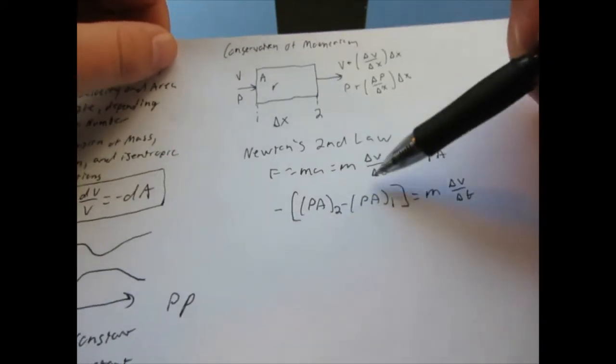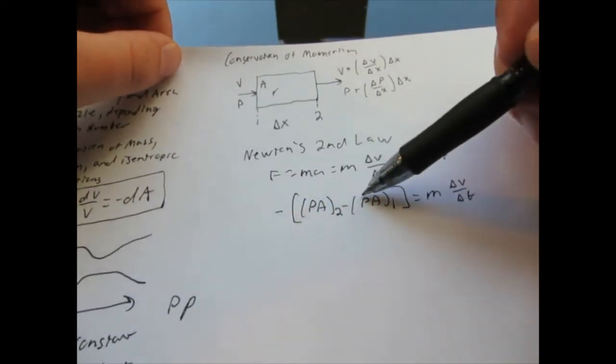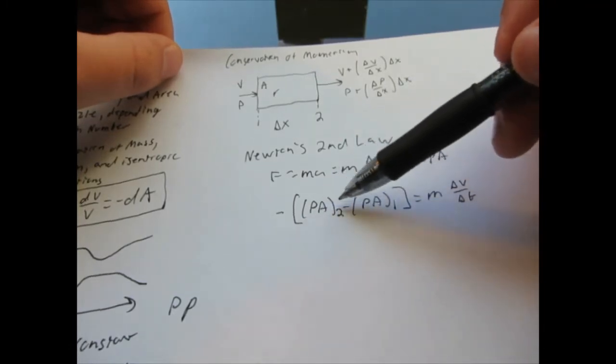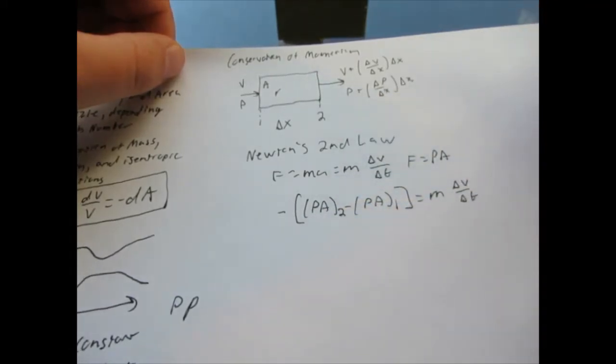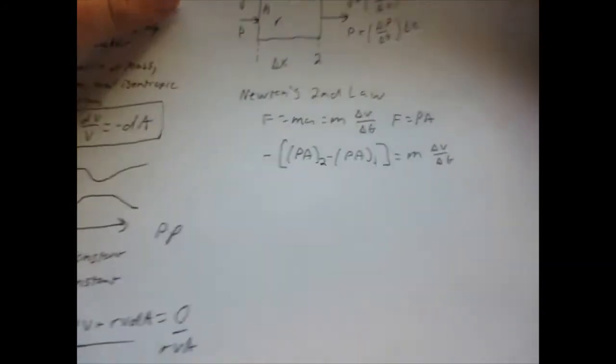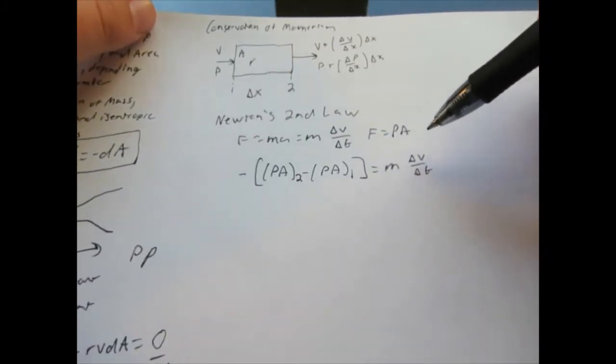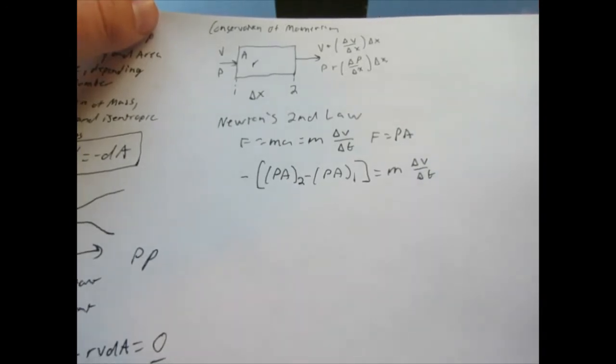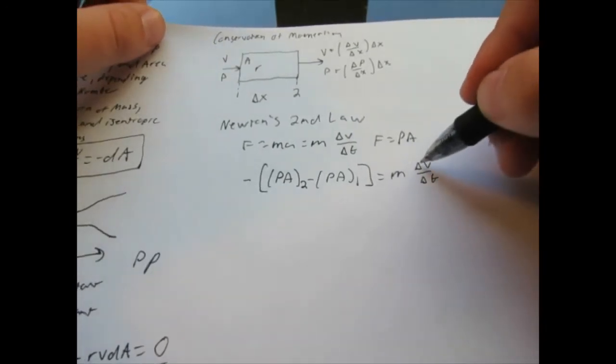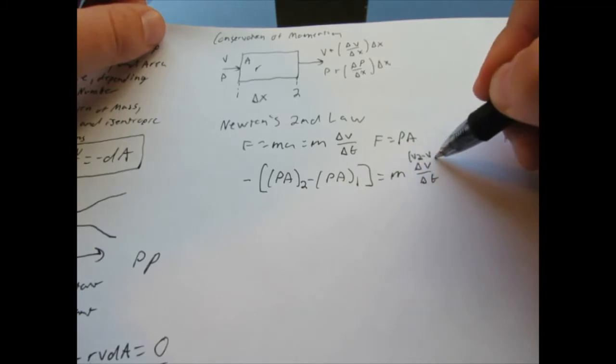So if you distribute the negative, P A1 minus P A2 is the net force, and that equals mass times acceleration. And we're also going to write delta V here as V2 minus V1.